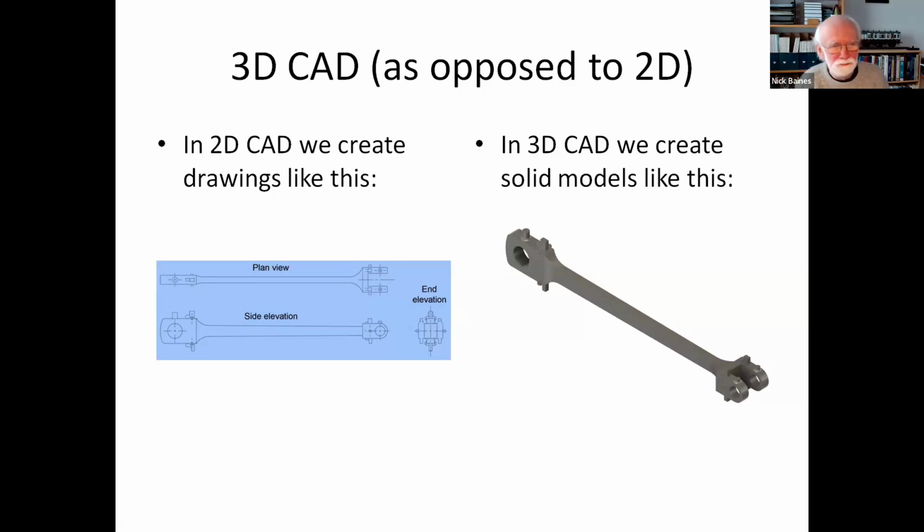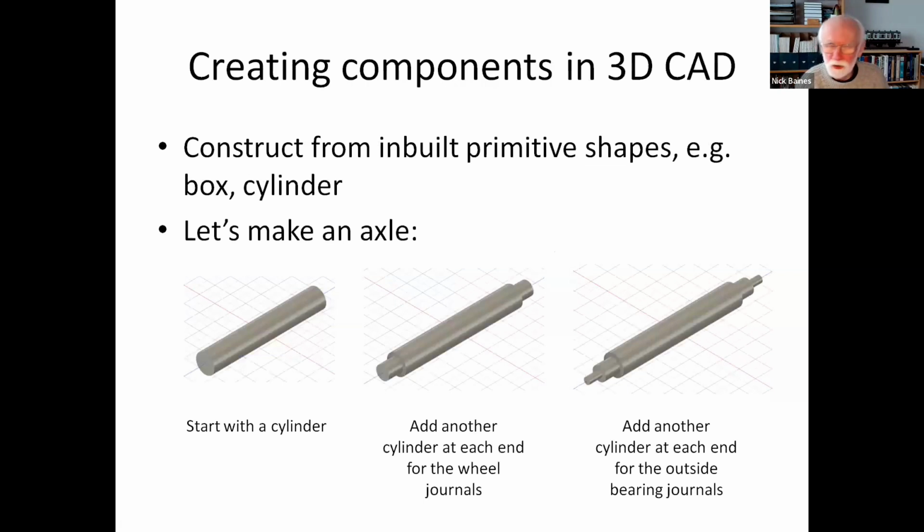How do we do that? That's where the software comes in. A 3D CAD program will have inbuilt a number of primitive shapes, things like boxes and cylinders. A box is simply a rectangular box with a defined width, length, and height, and a defined location in space.